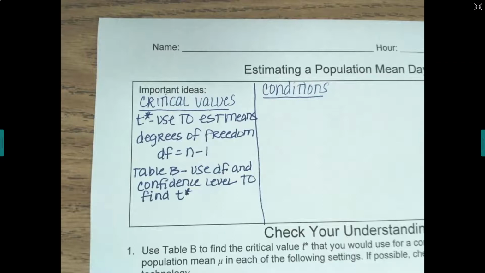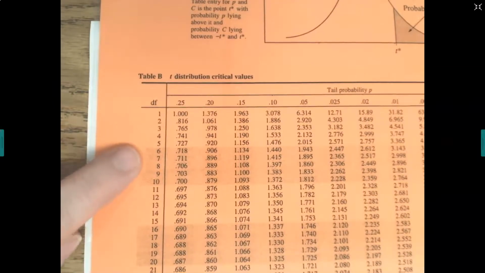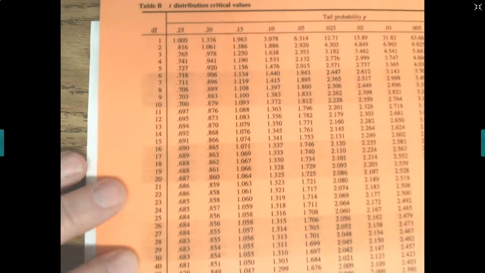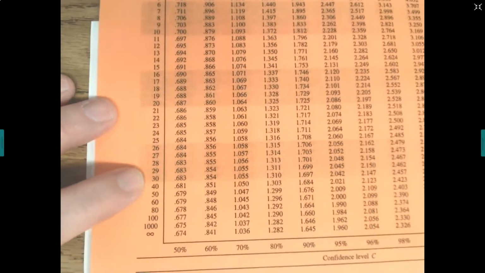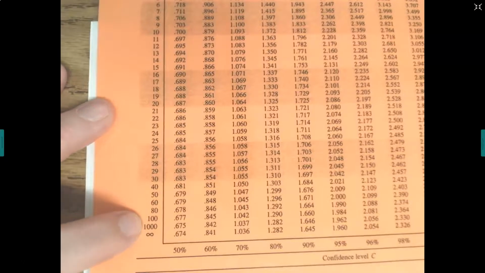Okay, now let's look at Table B again real quick. I look at these degrees of freedom. I have individual numbers up to 30, and then I go from 30 to 40, 40 to 50, 50 to 60, 60 to 80, and I start jumping 100 to 1,000, and then 1,000 to infinity.